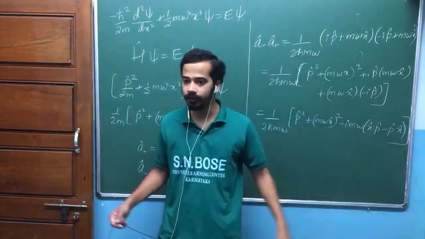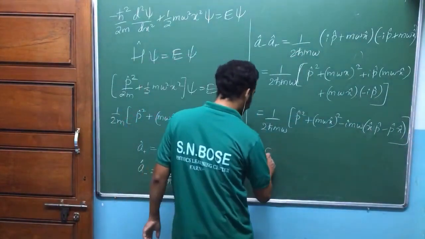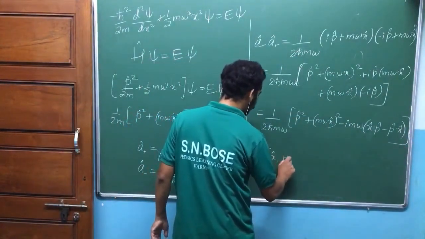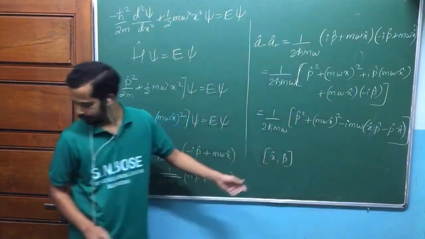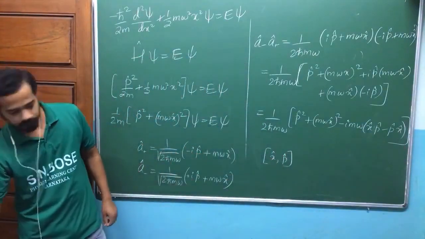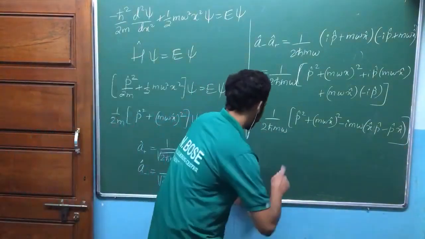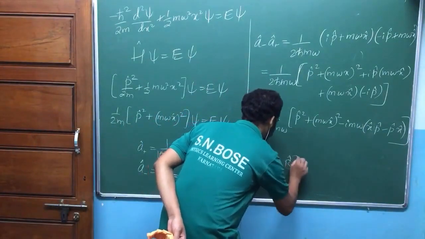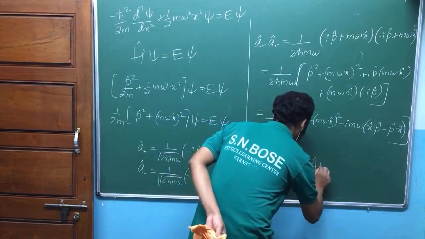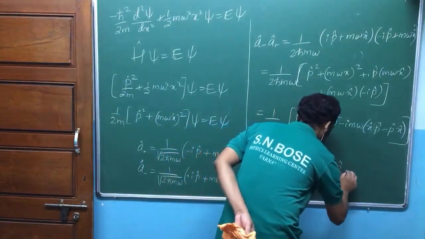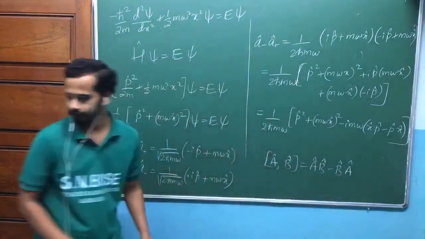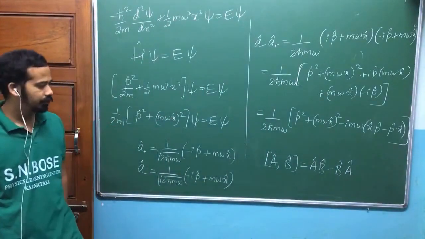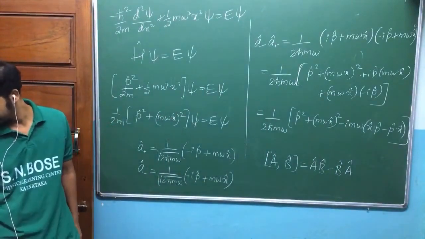We call this commutation between x cap and p cap. This is the symbol for commutation. We call this commutation between two operators. Look here, [a cap, b cap]. We call this the commutator. That is a cap b cap minus b cap a cap. The commutator between a and b. We say it like this.